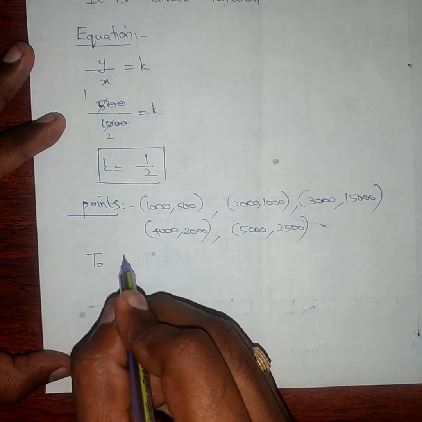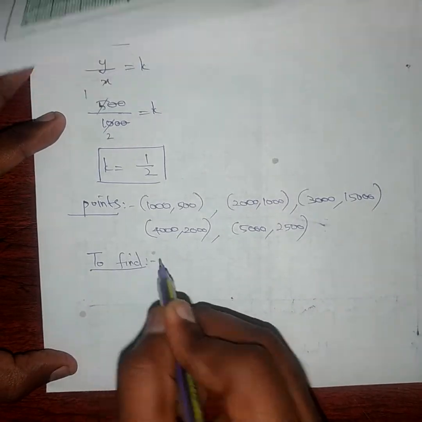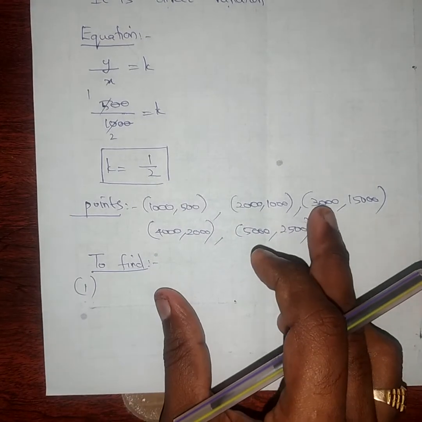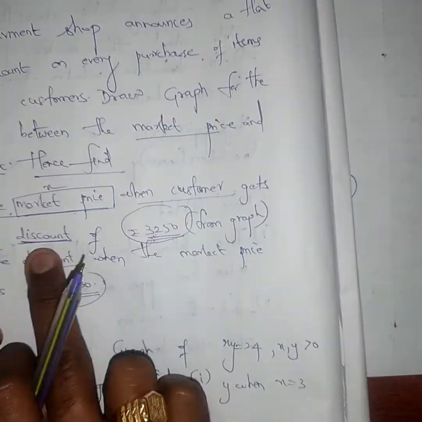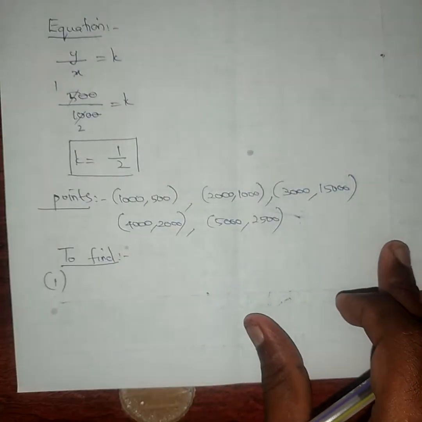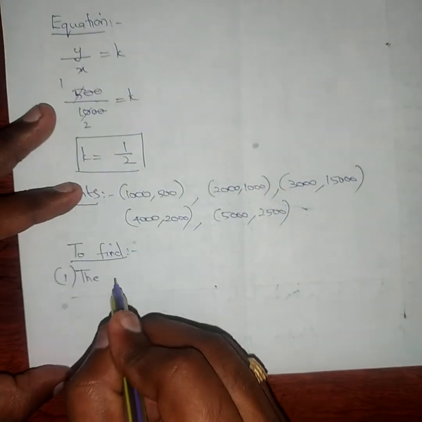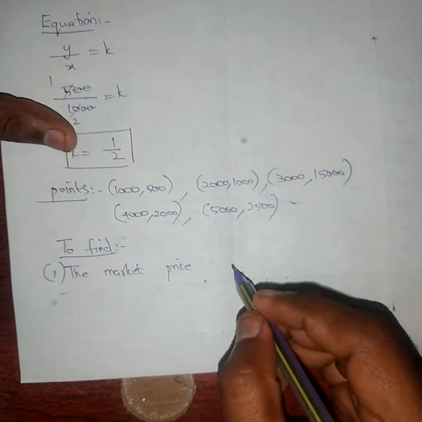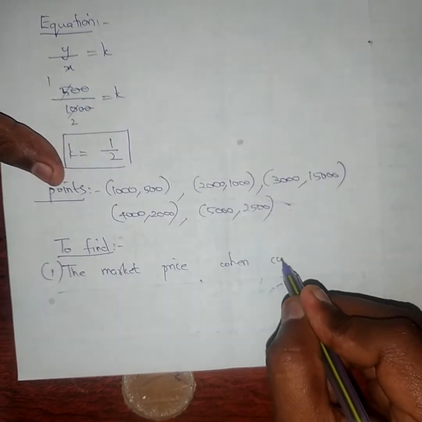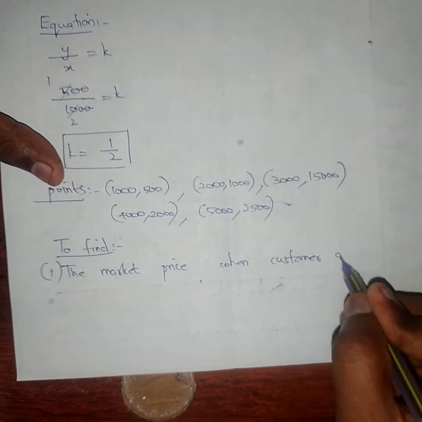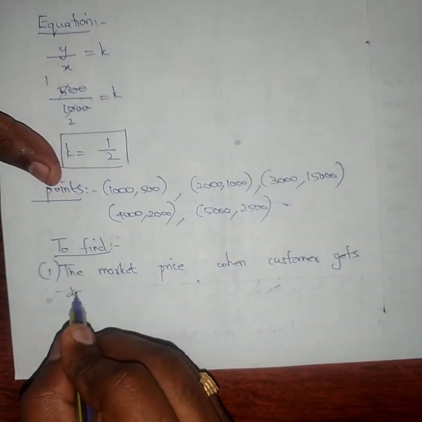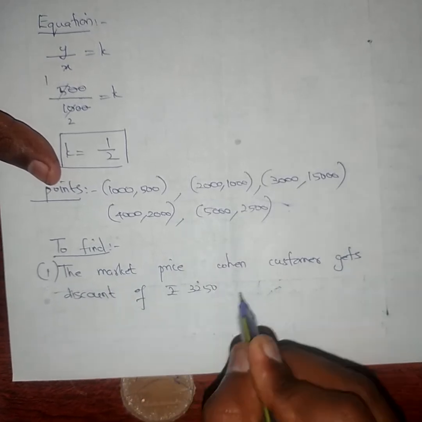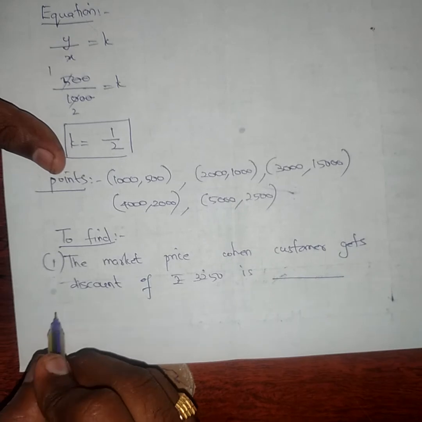To find, the first subdivision: what is given? The market price when the customer gets a discount of rupees 3,250; we need to write what the market price is.